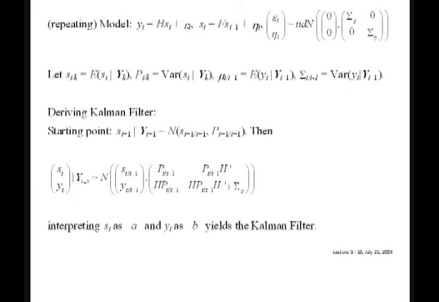So here's the model again at the top. Okay, so y is a linear function of s. S depends on lagged s. These epsilons are normal. The notation is standard. S little t slash k is going to be the mean of s_t given y through time period k.